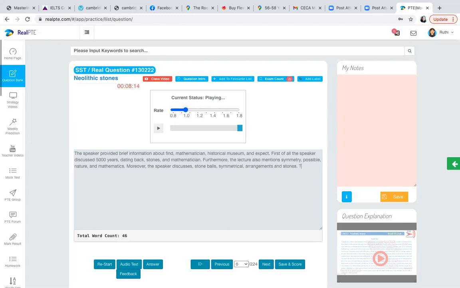Then you say, to sum up, there was information about divination, comma, game, comma, chucking around, comma, and symbols.